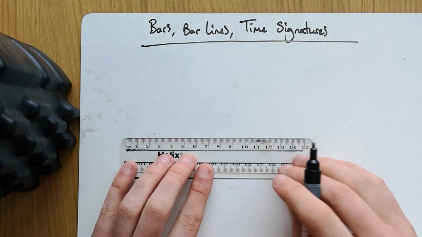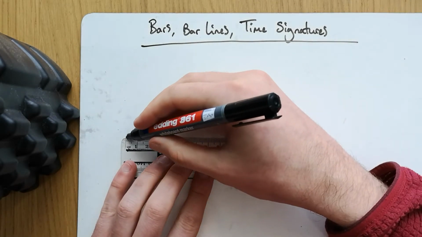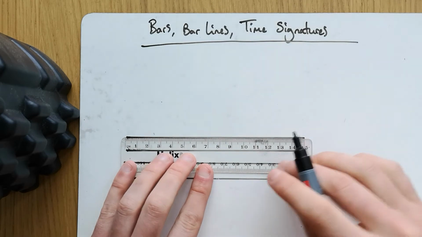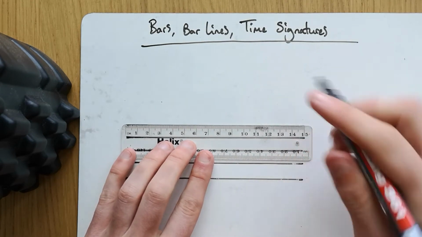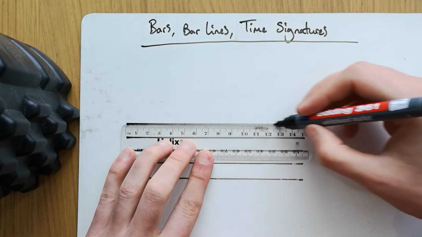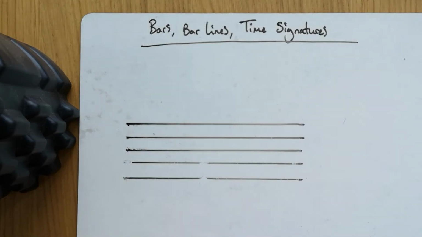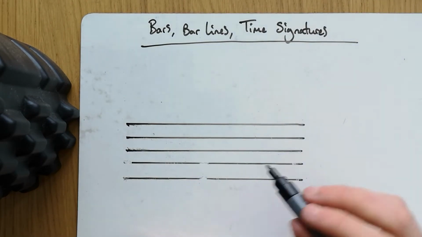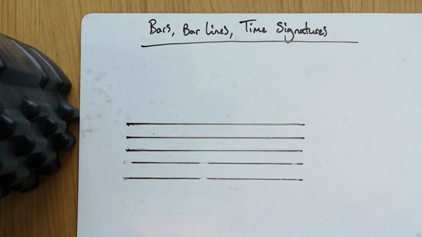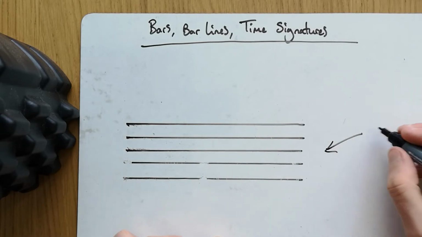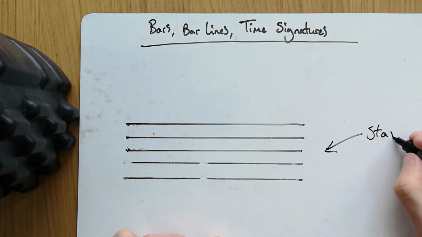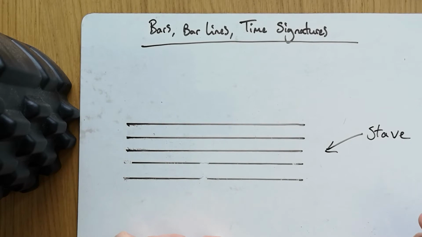Ideally, they're going to be roughly equal distance apart, but it's not massively important. Yep, you can see mine is smudging already, but don't worry too much. This is called our stave, and this is what all music gets written on.